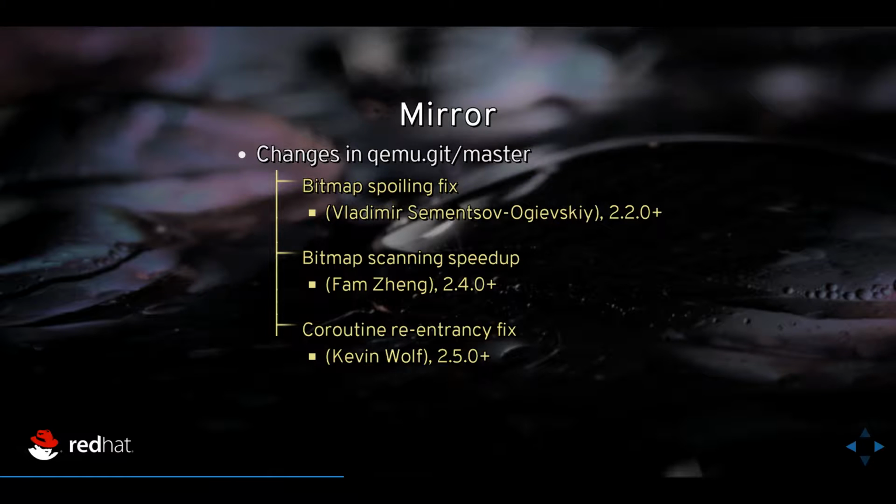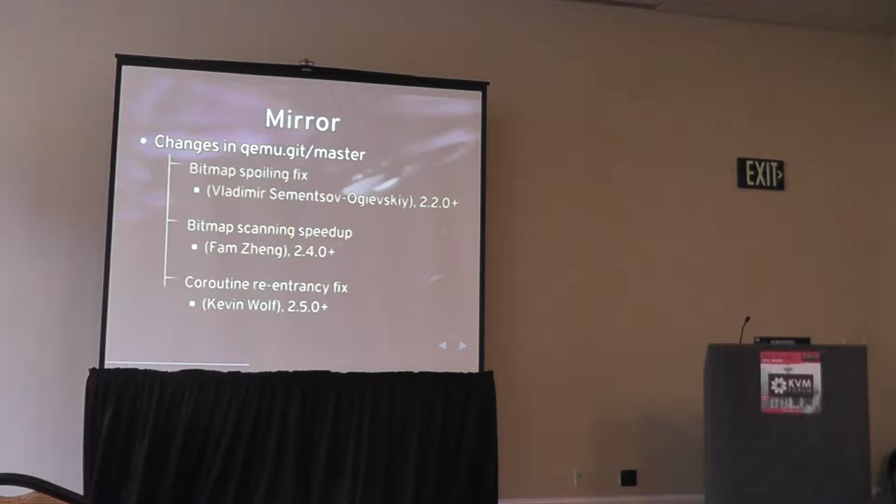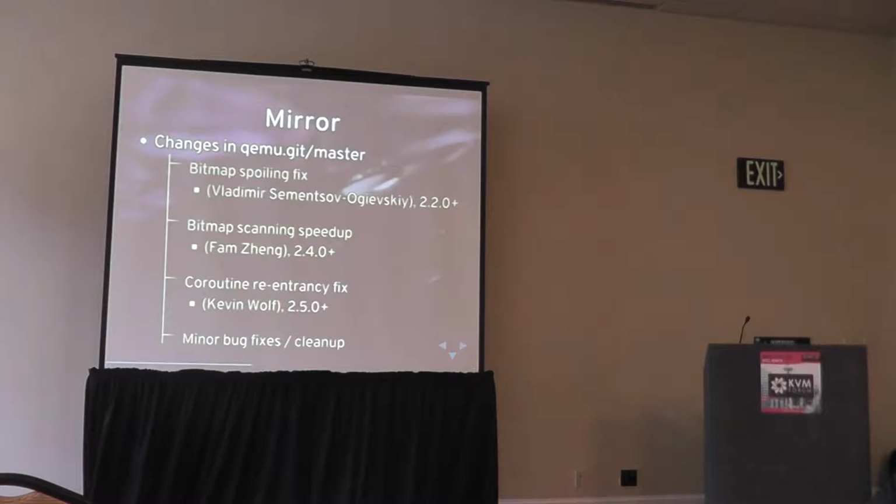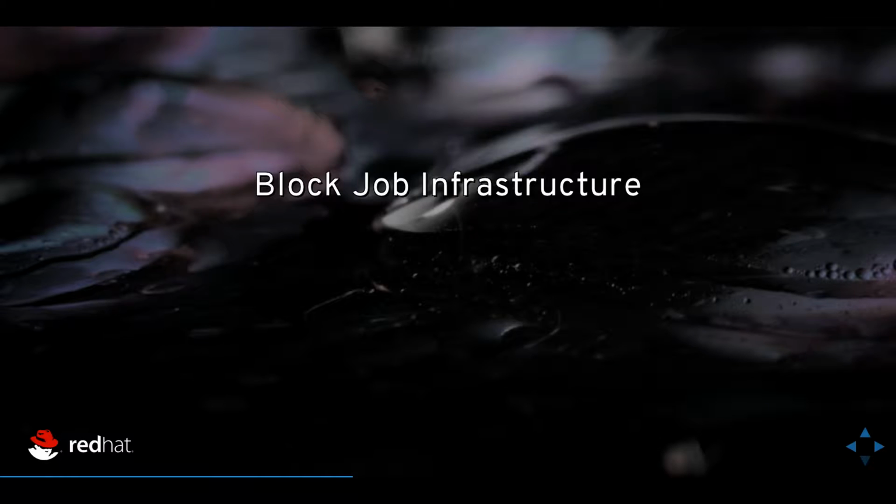And just recently, Kevin had a patch in for a coroutine reentry fix. This was a regression fix to prevent us from re-entering a coroutine when we did not expect to re-enter the coroutine, and only re-entering it when we actually intended to, or resuming it, I should say. And then also other minor bug fixes and cleanup occurred in block mirror.